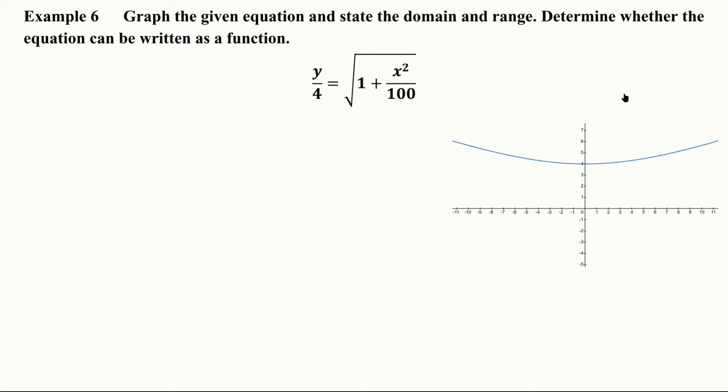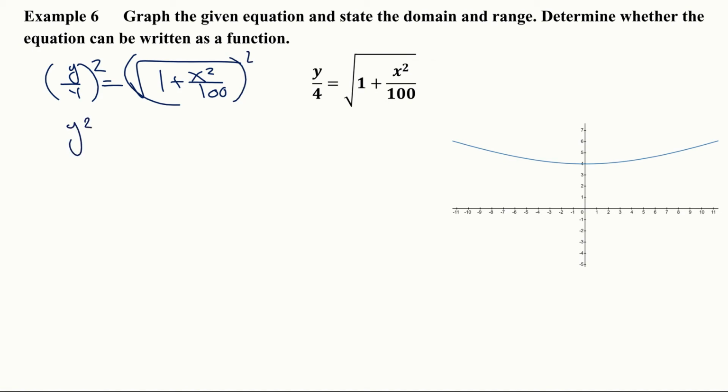Okay, so basically what we're going to do is we're going to go ahead and square both sides. All right, so we end up with y squared over 16 equals 1 plus x squared over 100.